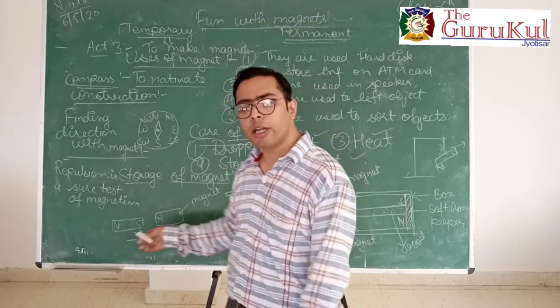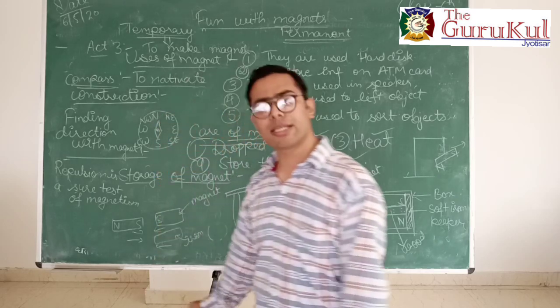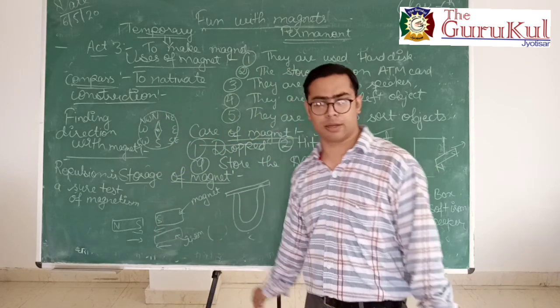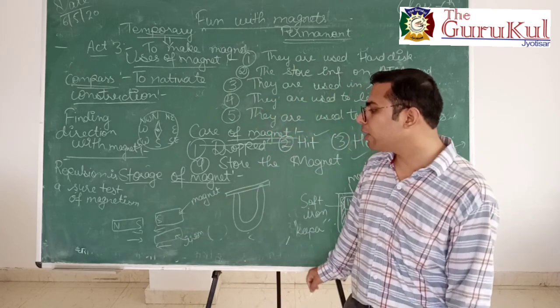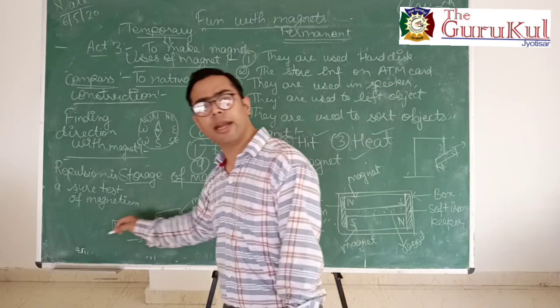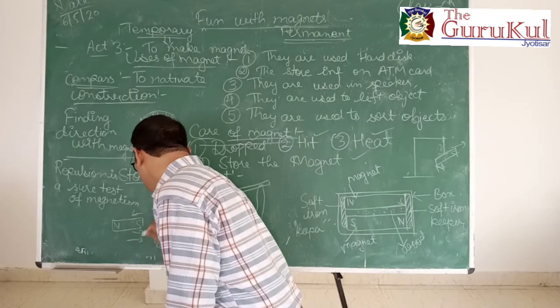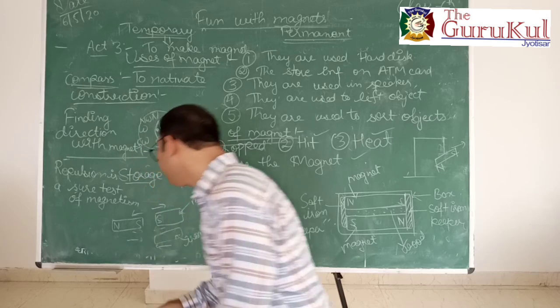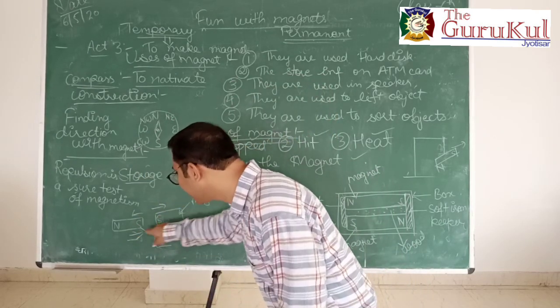But what happens if this pole is south? If this pole is south and this is iron, same shape, same size, then what will happen? If you bring this magnet towards the other magnet, there will be repulsion. But in the case of iron, there will be attraction.